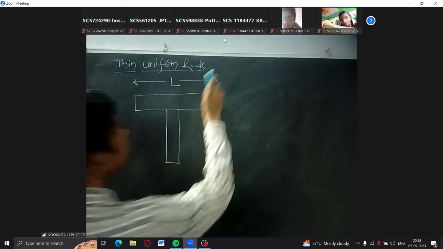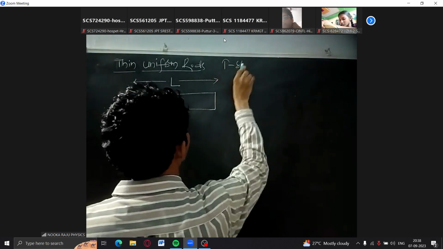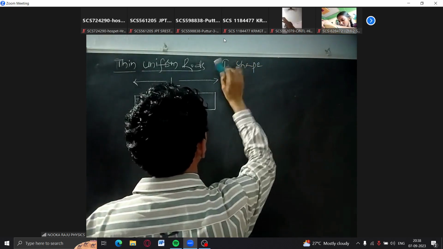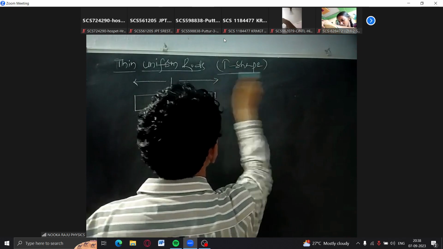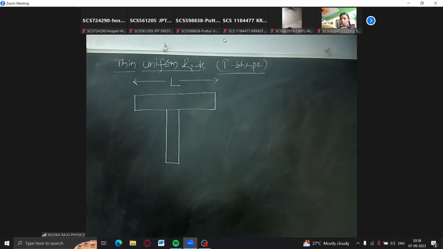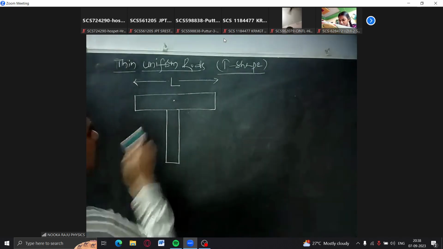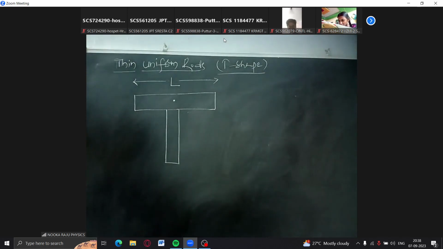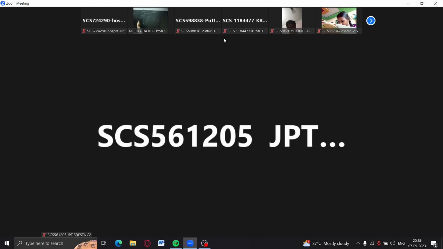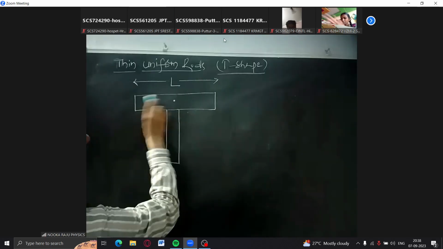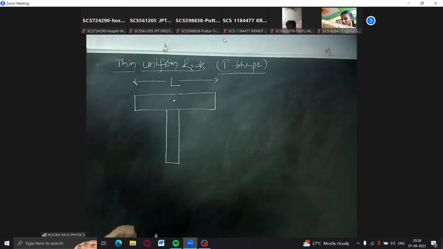So this is one more uniform rod, making a T shape, of the same material. What is the center of this uniform rod? Exactly at its midpoint, right? This is the center of mass of the given body. I consider it as C1.